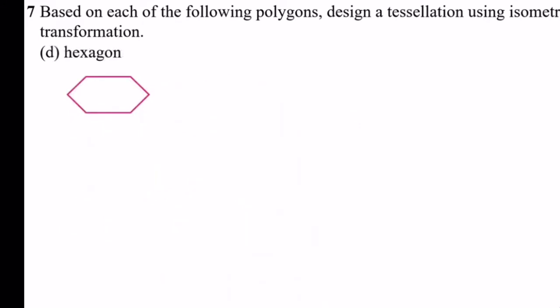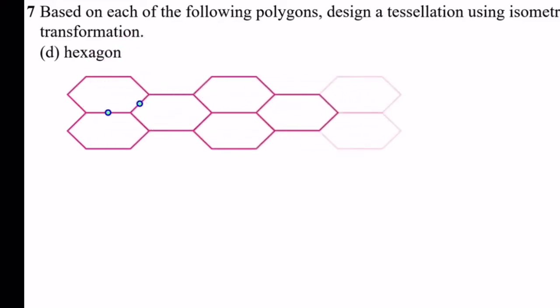How about the hexagon? For the hexagon, first of all, we design the tessellation by rotation. Okay, we rotate 180 degrees. Then after that, we will rotate again, 120 degrees. And then we will translate.